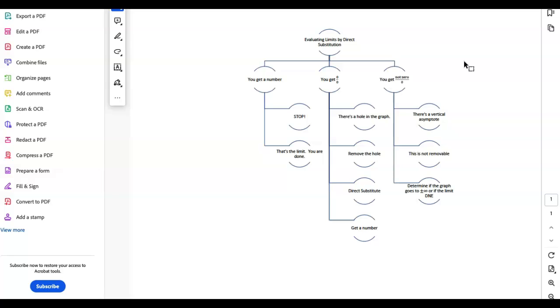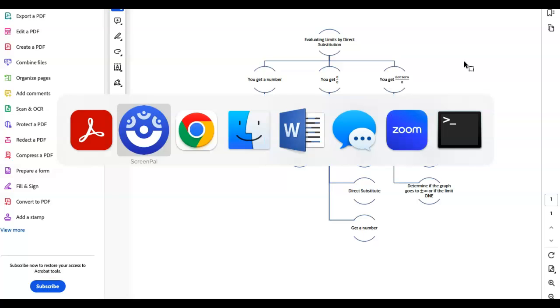That's because the factor creating 0 is only on the bottom. If it were on top, you'd be getting 0 over 0. But since it's only on the bottom, that means you have a vertical asymptote, which is a non-removable discontinuity, and you have to check the limit from the left and right to see which infinity you're going to. All right, so I'm going to show you a couple of examples.